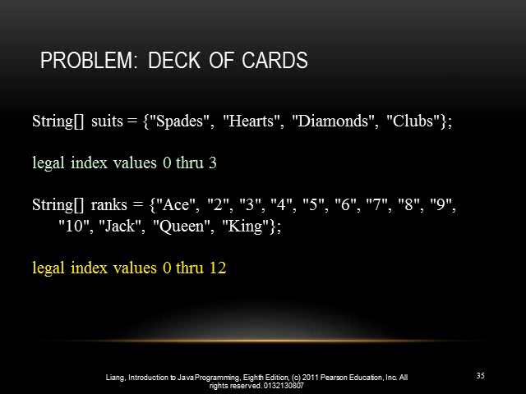And if the generated index is divided by 4, well, the result will be 0 through 3, which will be used to index our suits array. And if the value of the indexed element is modded, the remainder operation, with 13, its value will be 0 through 12. And that can be used as an index into our ranks array. The next slide gives some visualization of this setup.